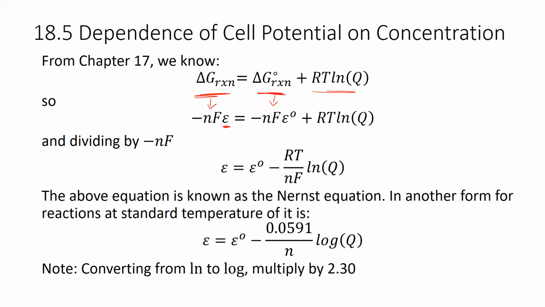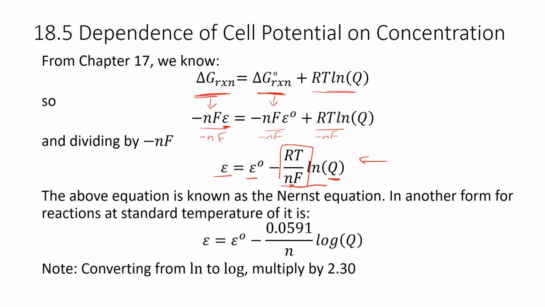And we can take that and use that to look at the cell potential. If you just divide each of those by negative nF, you get this equation here, which relates the cell potential to the standard cell potential minus this constant, where n, again, is the number of electrons, but the rest of it is constant, and Q is just that reaction quotient, just like we've done in the past.